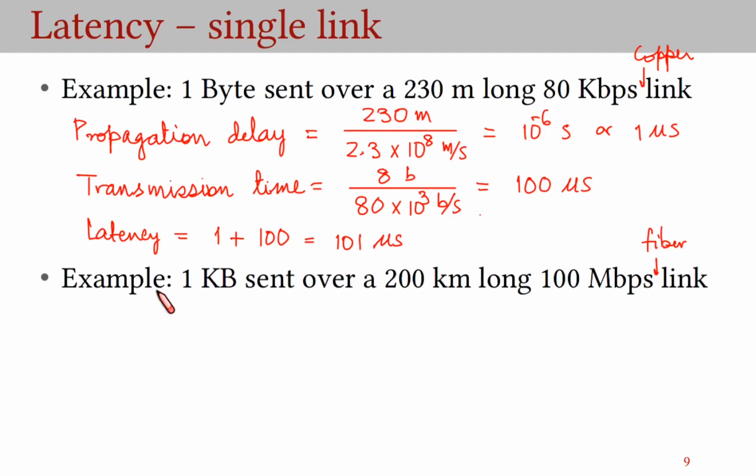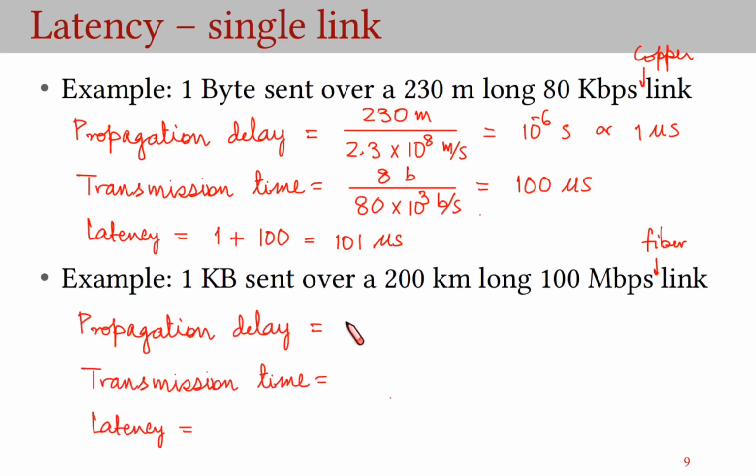In the second example, we want to calculate the latency when 1 kilobyte data is sent over a 200 kilometer long link that is running at 100 megabits per second, and that's a fiber optic link.